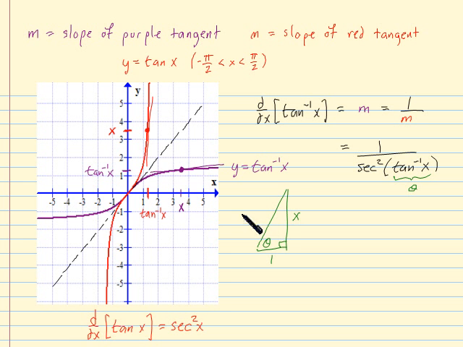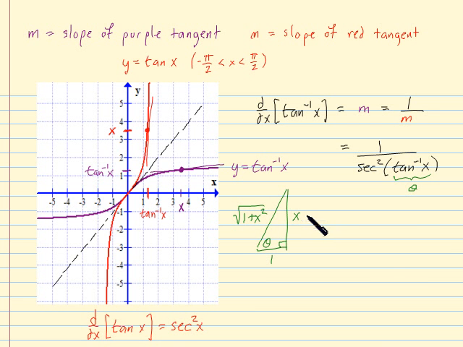Isn't it required that this hypotenuse length is the square root of 1 plus x squared? But if that's the case, the cosine is 1 over this, and the secant of theta is hypotenuse over adjacent. The secant is just going to be this.